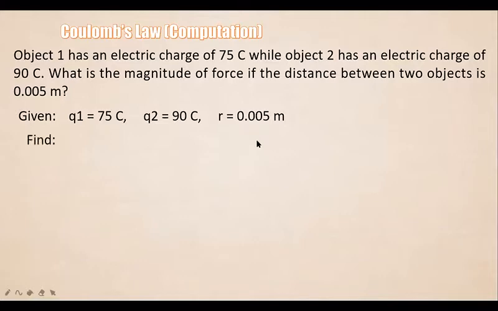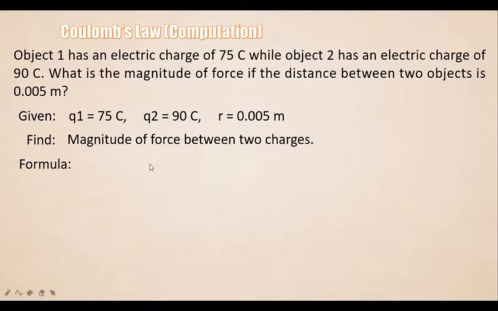Then, what we need to find is the magnitude of force between these two charges. To find it, we need to use the formula of Coulomb force, which is force equals the Coulomb constant multiplied by the product of charges divided by the square of the distance. Let's substitute the givens into the formula.